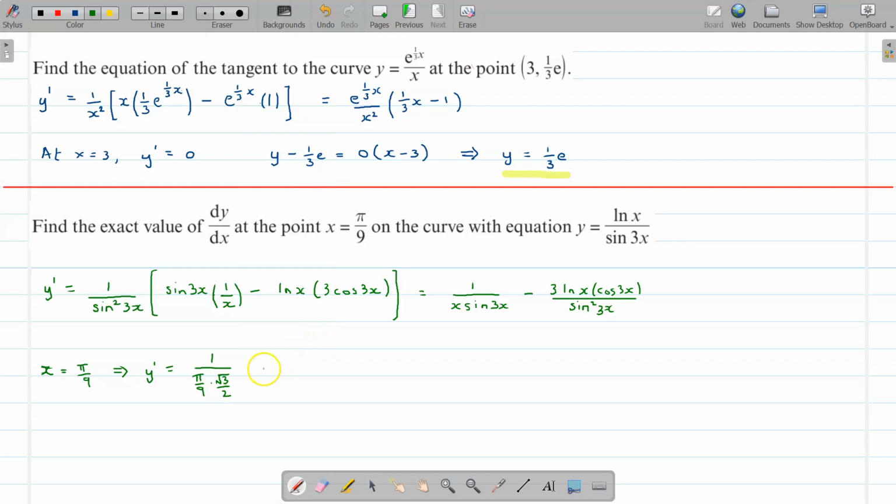And then I've got to subtract from that 3 times the log of pi by 9. And you wouldn't be expected to know what that is. You can just leave it as log pi by 9. And that has to be multiplied by the cos of 3 pi by 9, which is the cos of pi by 3, the cos of 60, which is a half.